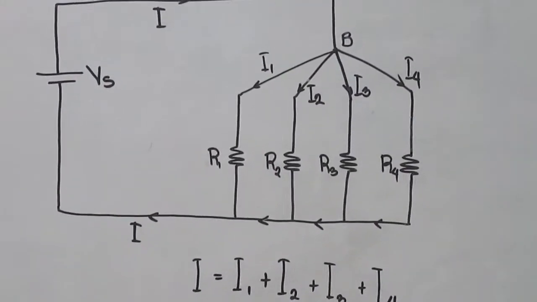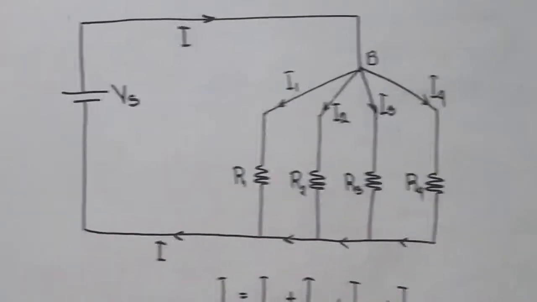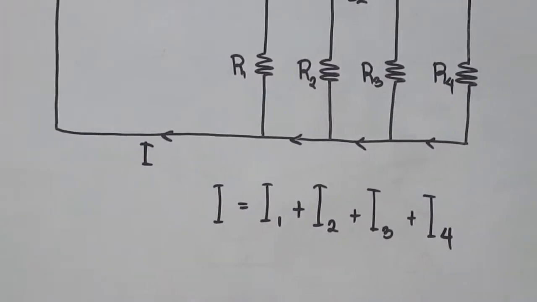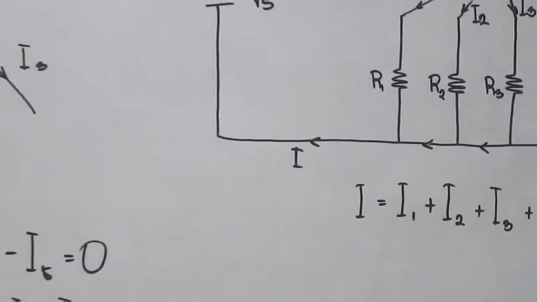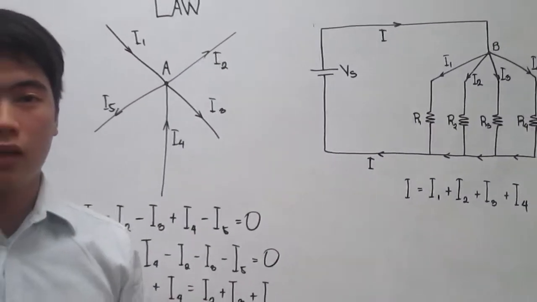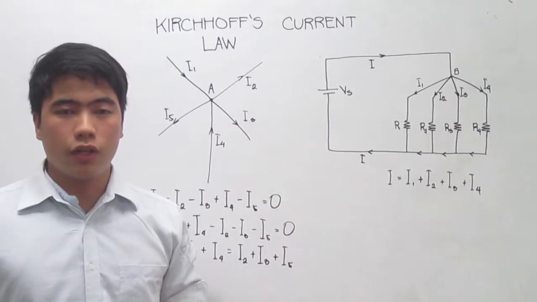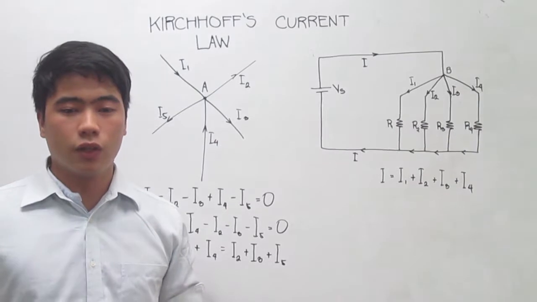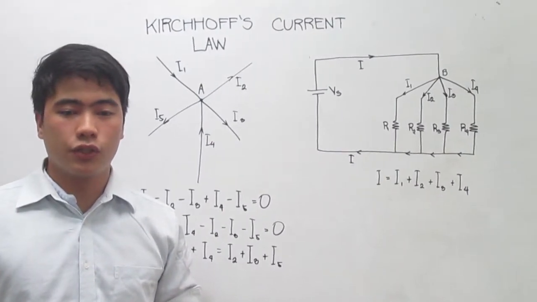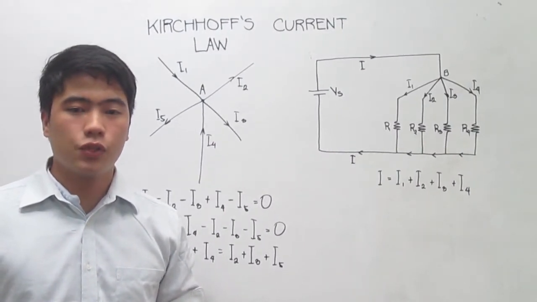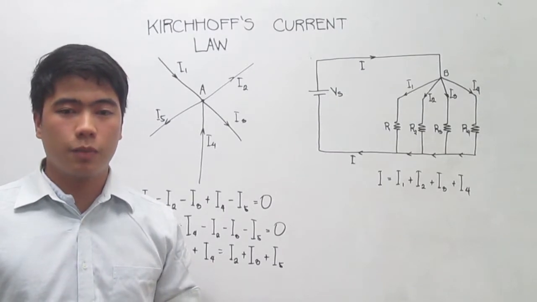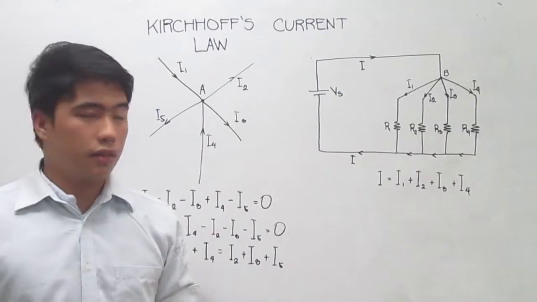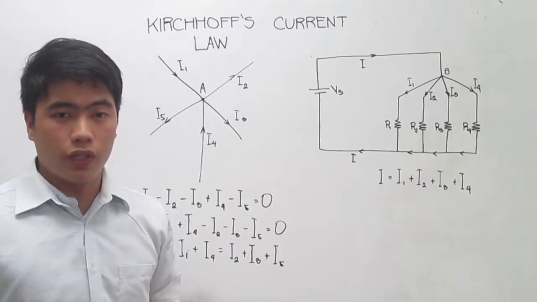We get I is equal to I1 plus I2 plus I3 plus I4. With Kirchhoff's current law, we can generate a lot of equations together with Kirchhoff's voltage law. Therefore, we can solve equations simultaneously. As a take note, upon creating equations using Kirchhoff's current law, the assumption or the sign of current must be fixed throughout the solution or the production of the equations.